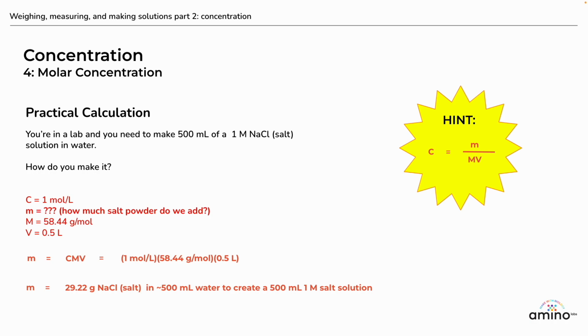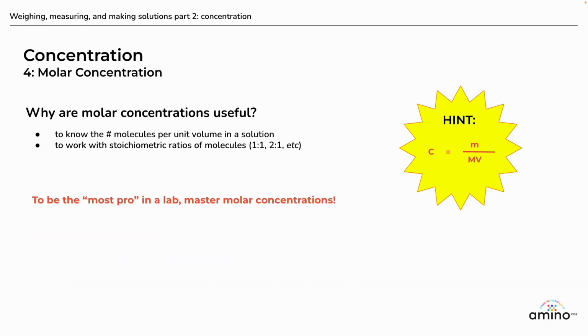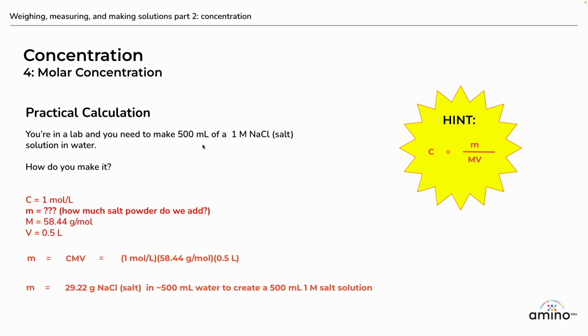So it's not so much the specific number that scientists are concerned about. Rather, it's the ratio of molecules. Let's say you have a 1 molar solution of sodium chloride, and in that same solution, you also have a 1 molar concentration of magnesium chloride.